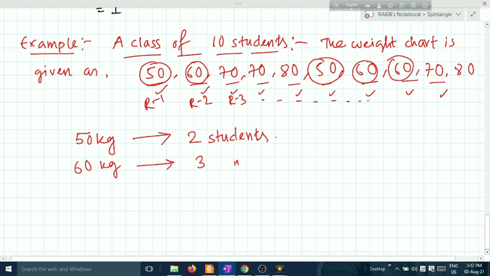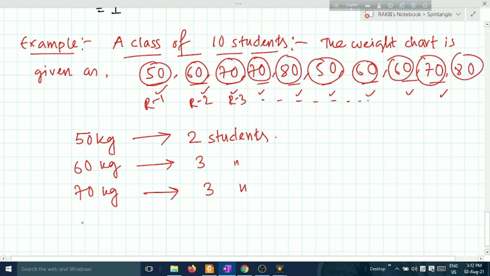And 80 kgs has 2 students. This is the statistical data.